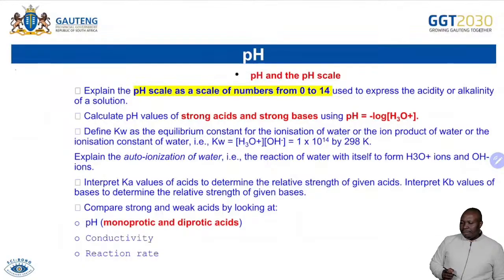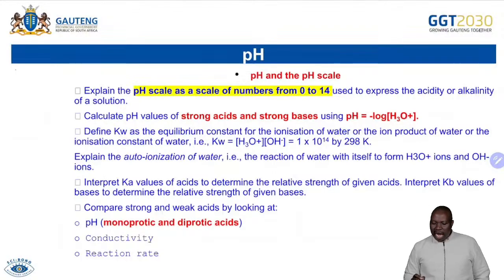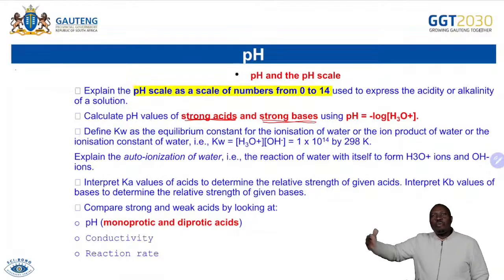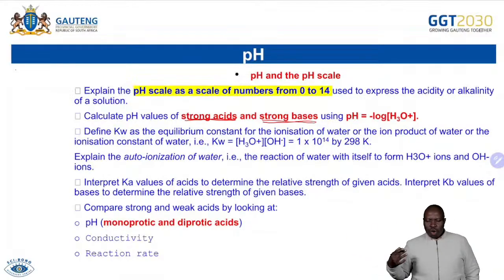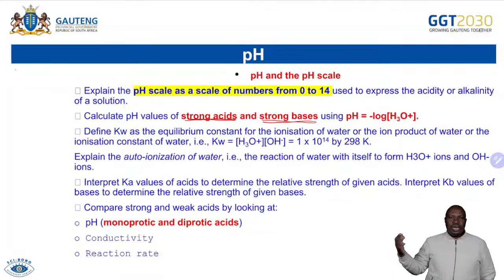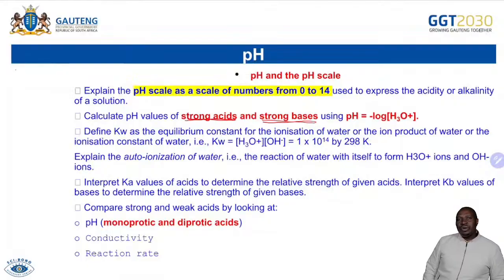I've already talked about pH. We only do the pH calculation for strong acids and strong bases. Remember we said these ones ionize and dissociate completely, respectively. When it comes to weak acids and weak bases, they don't ionize completely. So you don't know how much has ionized.